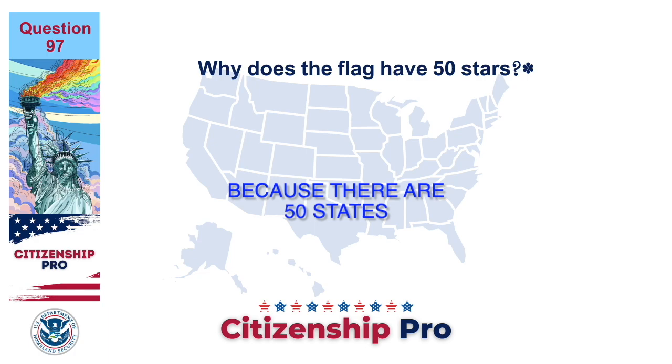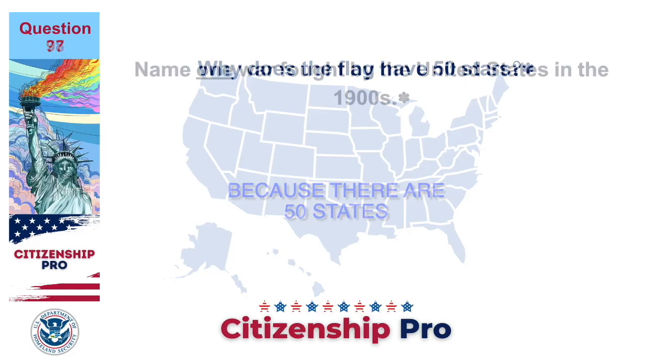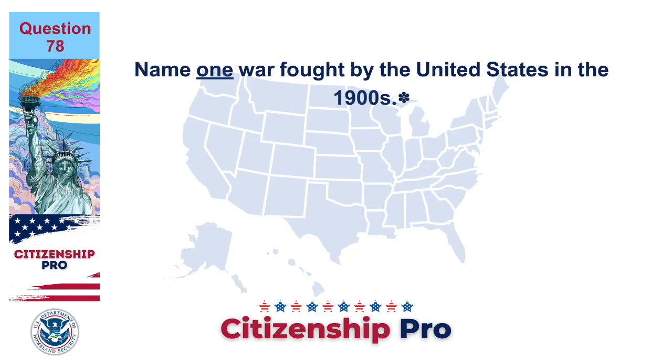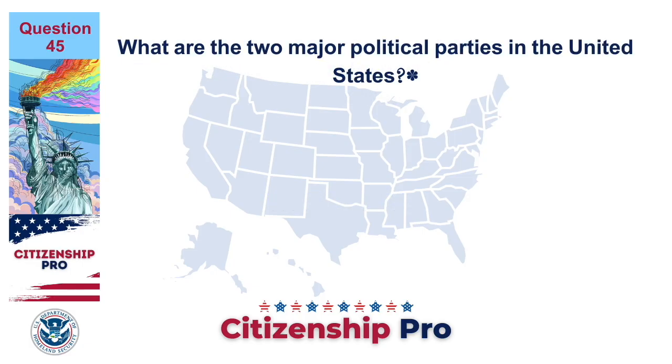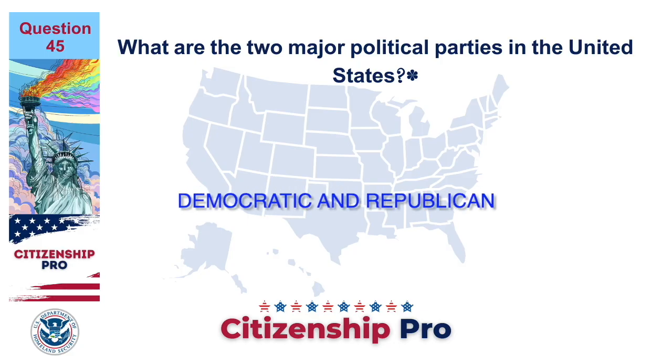Because there are 50 states. Name one war fought by the United States in the 1900s. World War I. What are the two major political parties in the United States? Democratic and Republican.